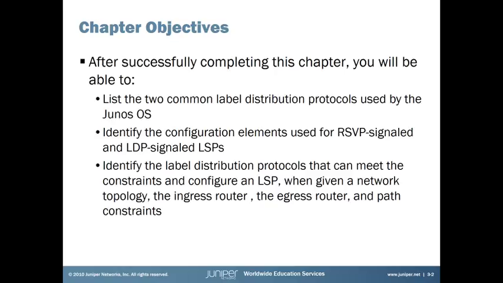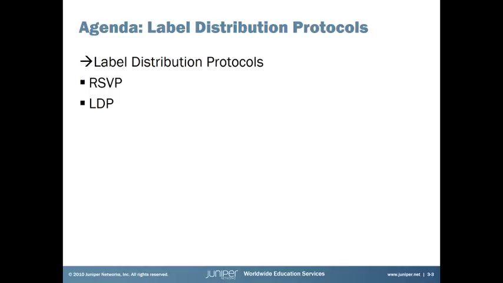But let's take a look at these signaling protocols. So the two are RSVP and LDP. Now RSVP has been a protocol that's been used for many years before MPLS, actually, as a resource reservation protocol.